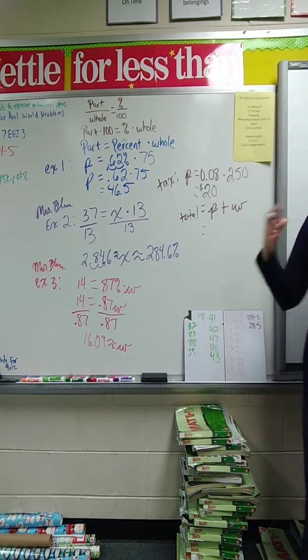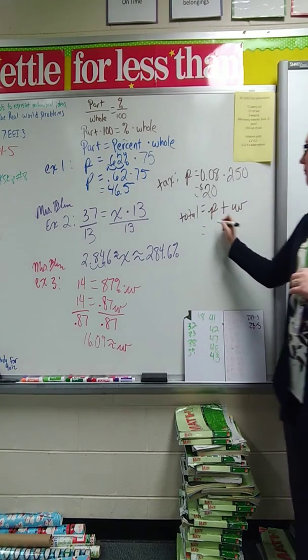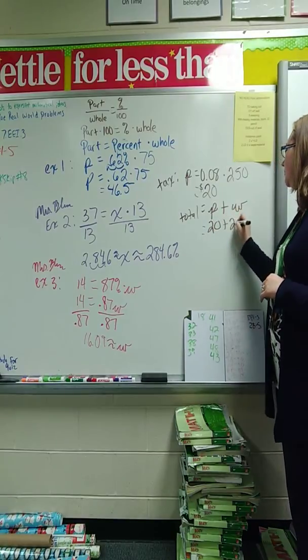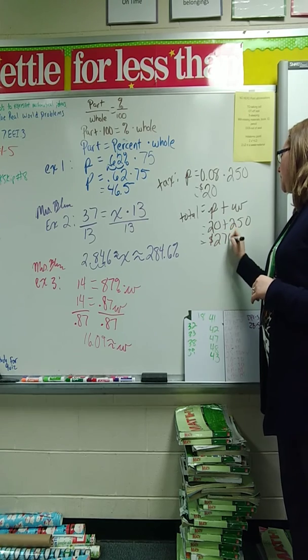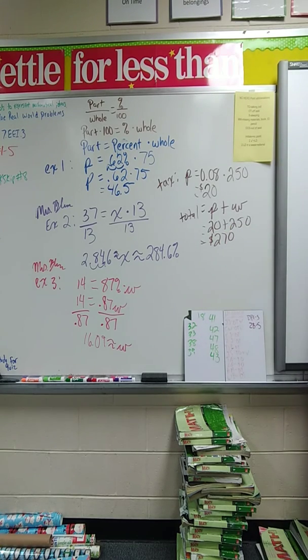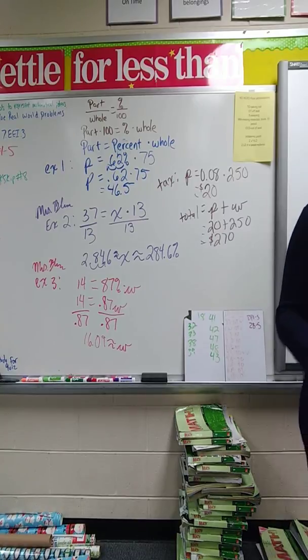So the total that I would pay for this camera is 20 plus 250, which is $270. Okay? You could be asked it either way. All right? Questions? All right. Thank you very much.